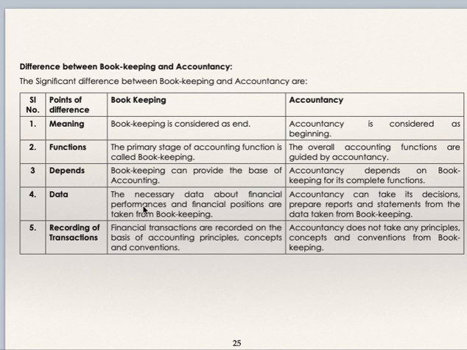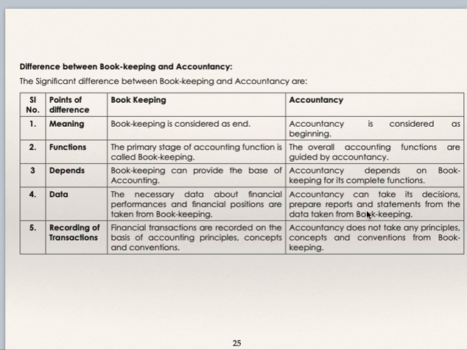Next distinction. The necessary data about financial performances and financial positions are taken from bookkeeping. Financial performance is given by profit and loss account. Financial position is given by balance sheet. For preparation of these statements, necessary data is taken from bookkeeping.